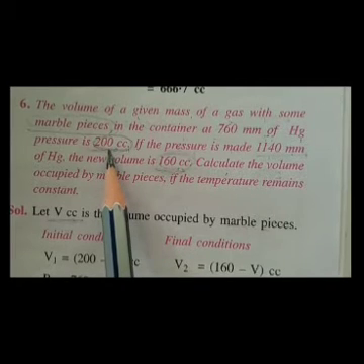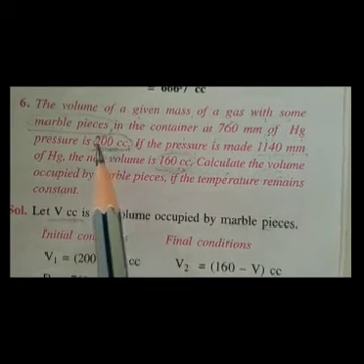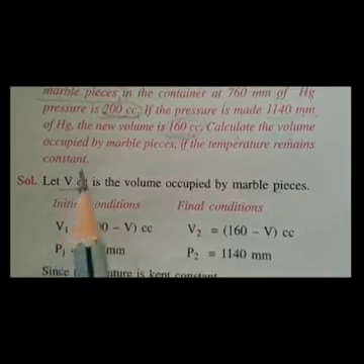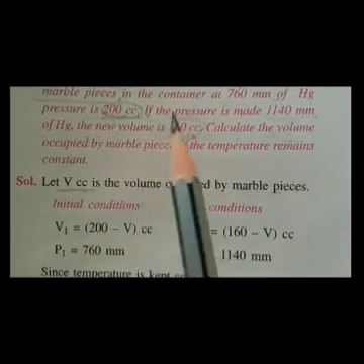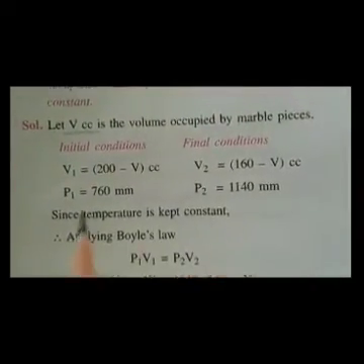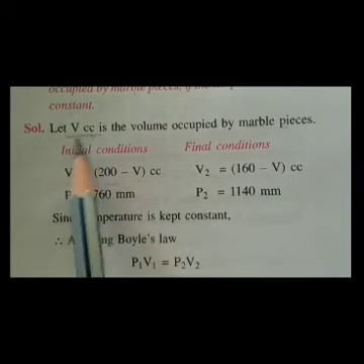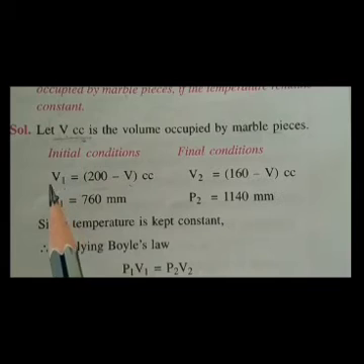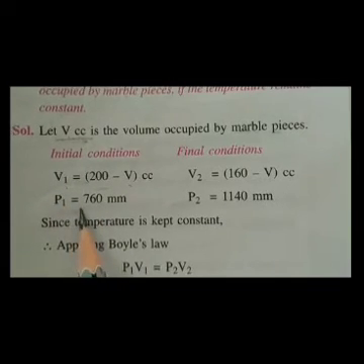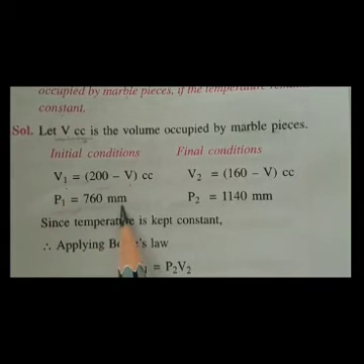This volume is the volume of marble pieces, V, plus the volume of gas. So the volume of gas will be 200 minus V, and at this volume the pressure is 760 millimeter.